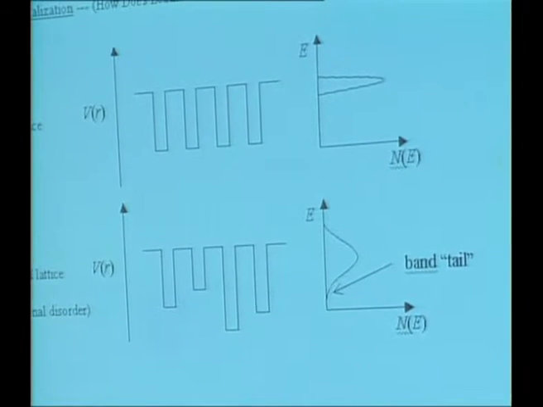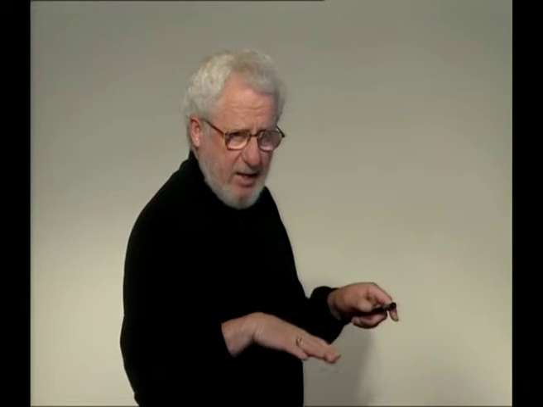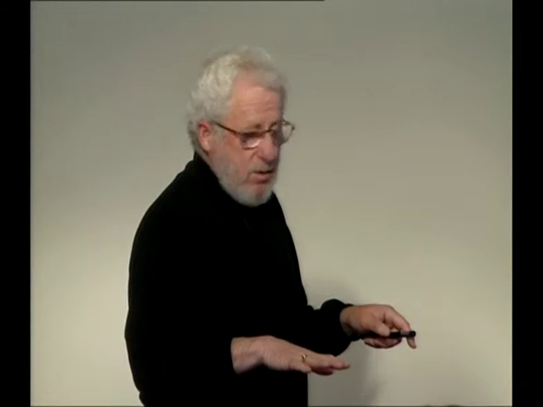So this is what I said a moment ago. If you imagine a perfect lattice where you have the same potential at every site, then you get a nice, very well defined energy band. If you put on disorder, that disorder could be thermal, so that it would not be static, or it could be impurities, or, take a piece of copper and cold work it.